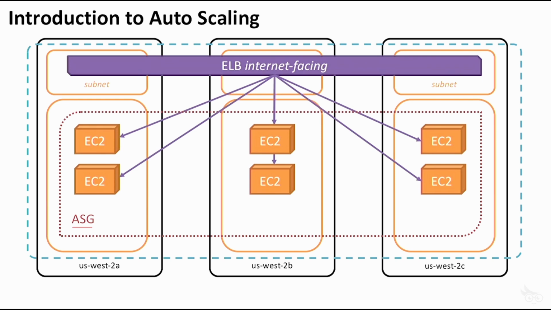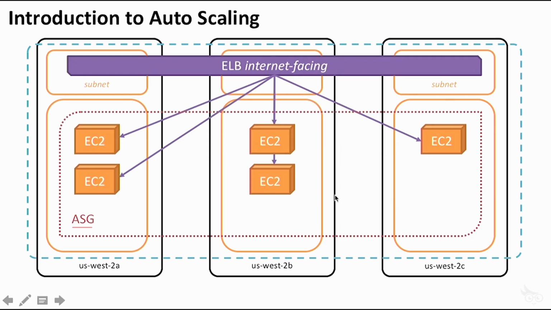If we were to lose one of these availability zones, the autoscaling group is smart enough to know if that availability zone is unreachable, then it will automatically rebalance and put these 2 machines over here in the other 2 availability zones that are still in operation.